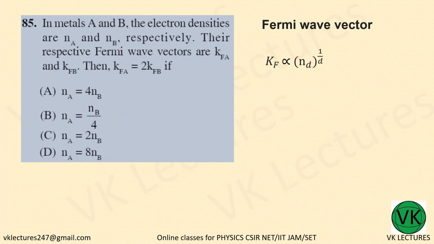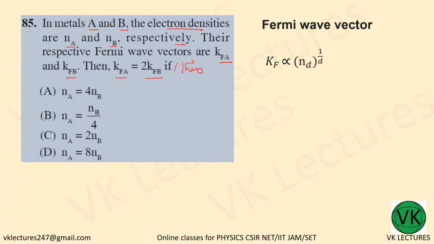In metals A and B, electron densities are Na and Nb respectively. Their respective Fermi wave vectors are kFa and kFb. If kFa equals 2 times kFb, which of the following is true?